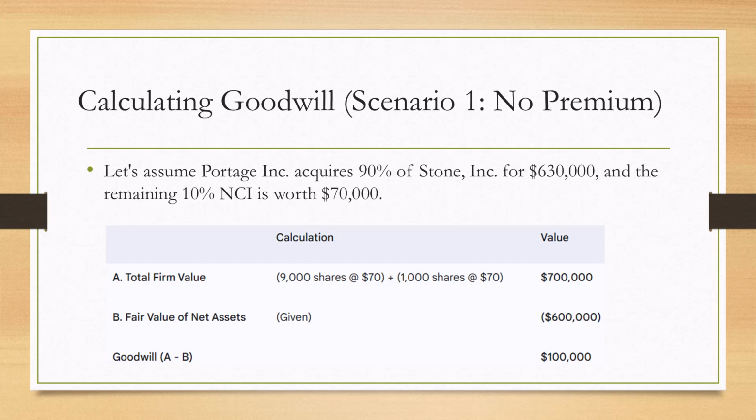As you can see in the first line, this gives us a total firm value of $700,000. Next, we subtract the fair value of the assets we can actually identify, which in this case is given as $600,000. The leftover amount, the difference between what we paid and the value of the net assets, is $100,000. This is our goodwill.